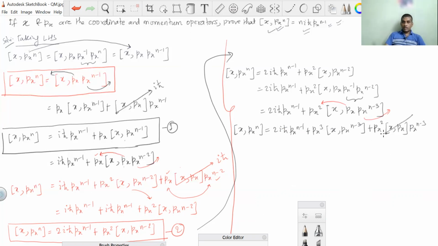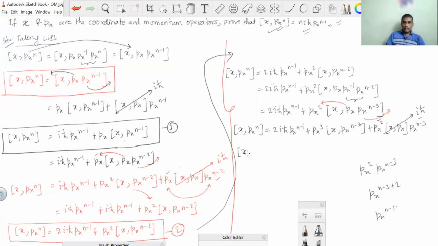Now this gives us the value iħ, and px square and px power n minus 3 give the value px power n minus 1.